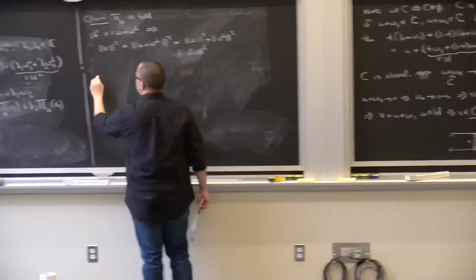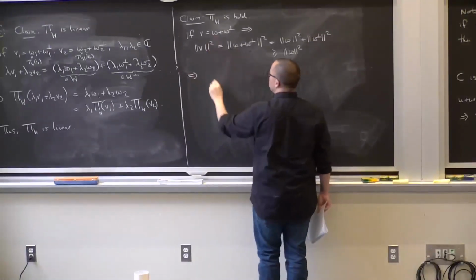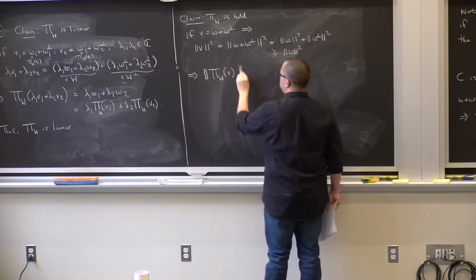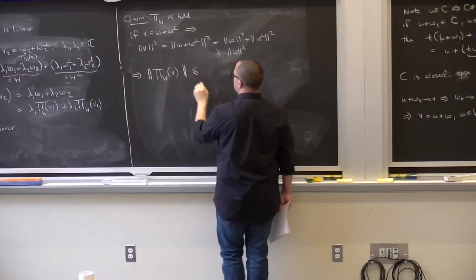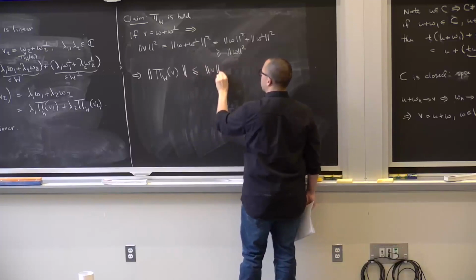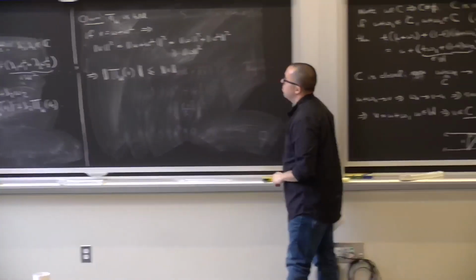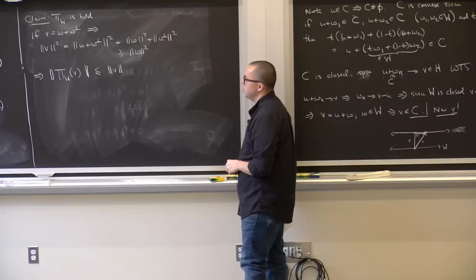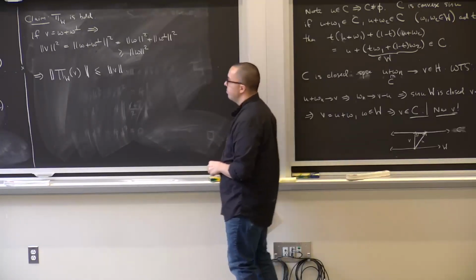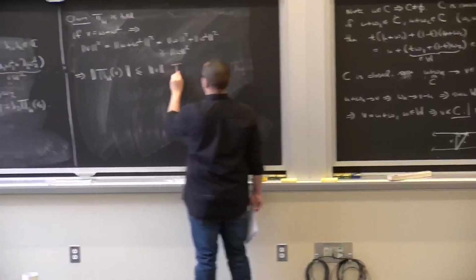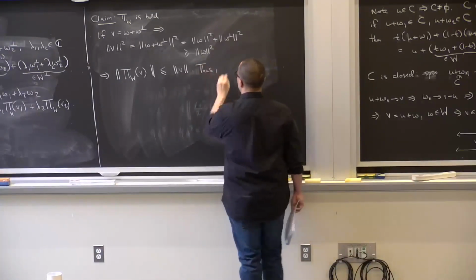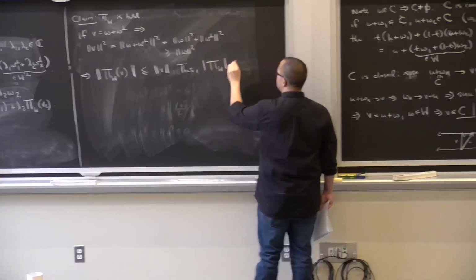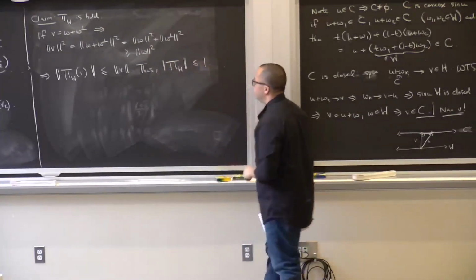Rephrasing, since W is equal to pi applied to V, I've said that this is less than or equal to the norm of V, so pi is a bounded linear operator. Okay? In fact, what we've shown is that its norm is less than or equal to 1.